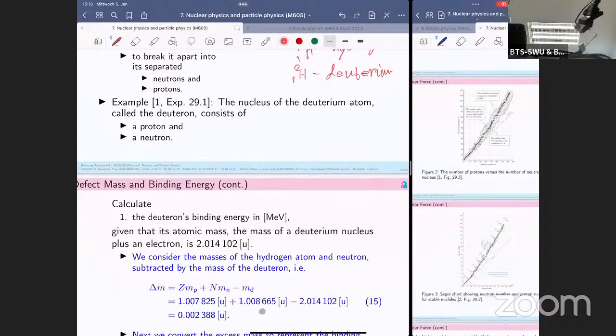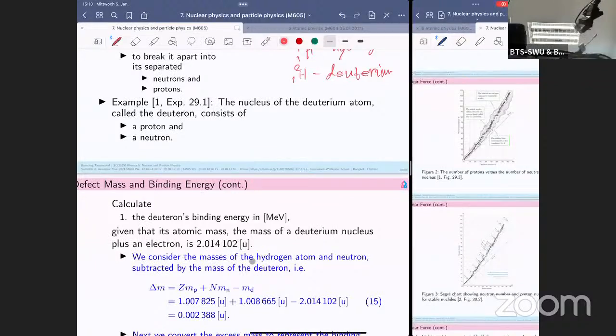You can see it's taken from Z times MP. MP is the mass of the proton, so Z is the number of protons. N is the number of neutrons, right? And Mn is the mass of neutron, minus Md. This is the mass of deuterium.